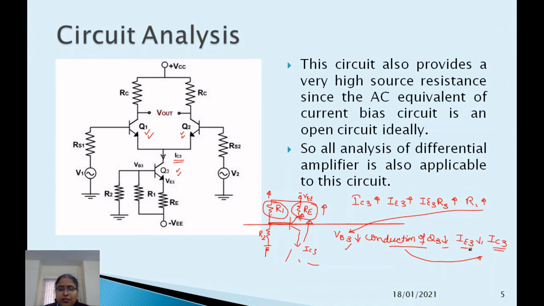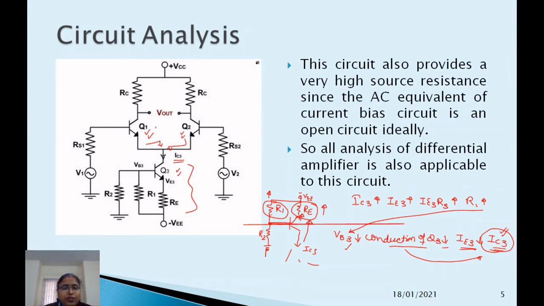That further decreases the emitter current of Q3, which further stabilizes the IC3 to the normal level. So this is the circuit which is further stabilizing the current IC3, which is the sum of these two currents. Any change occurring due to Q1 and Q2 is compensated by this circuit. That's why it is called a constant current bias circuit.